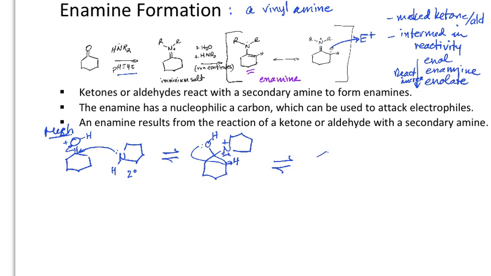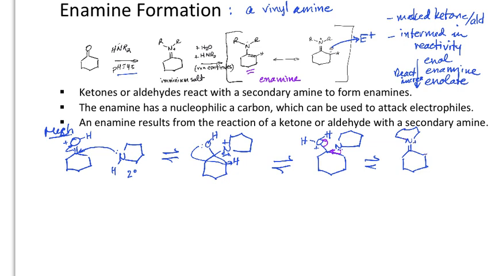And then I'll have the water molecule here that is now an oxygen with a plus charge. And that's a good leaving group. So what we can see here is these electrons right here can swing in, and the leaving group can leave, and we'll be left with our aminium salt.